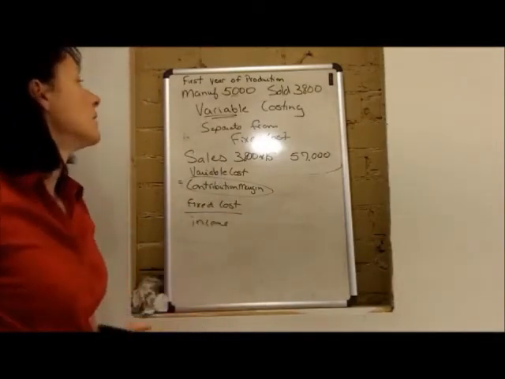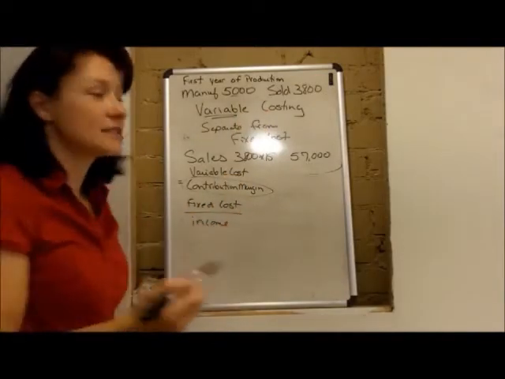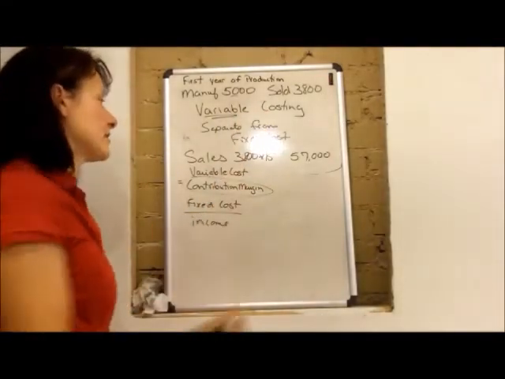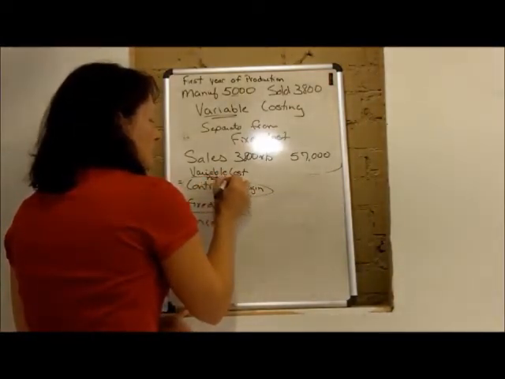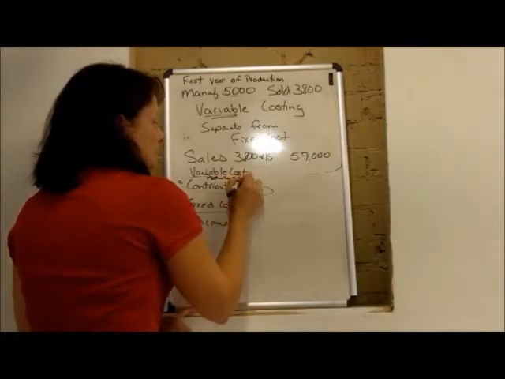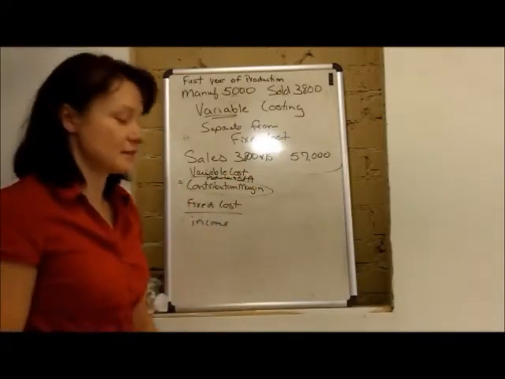Variable cost. Under variable costing, we're going to stick all the variable costs together. This means both the production plus the selling, general, and administrative expenses.